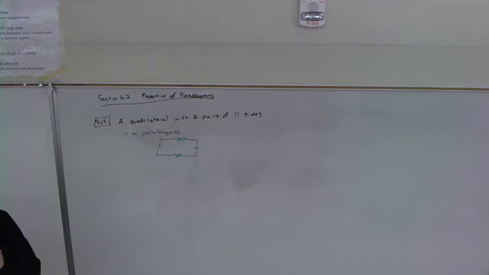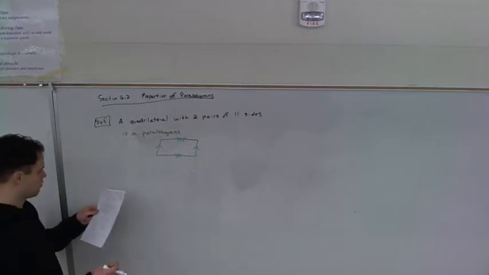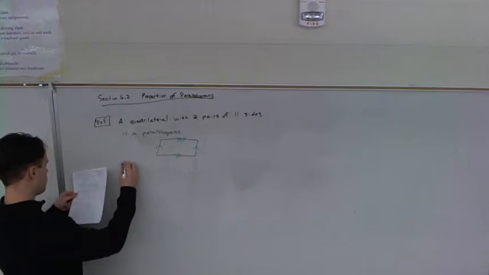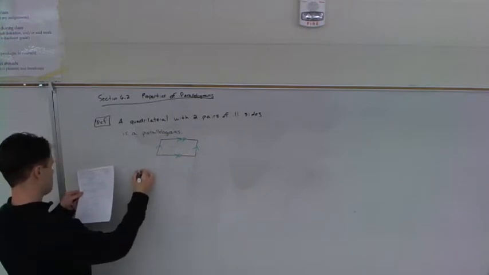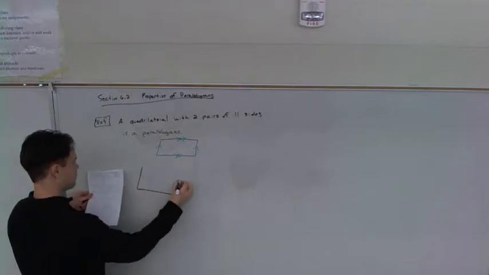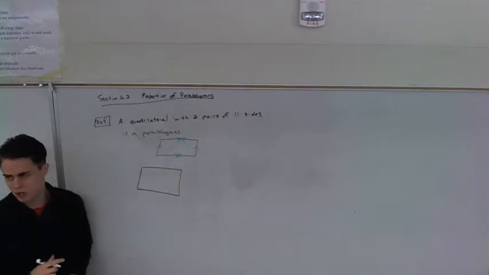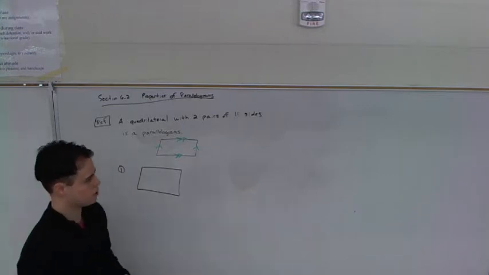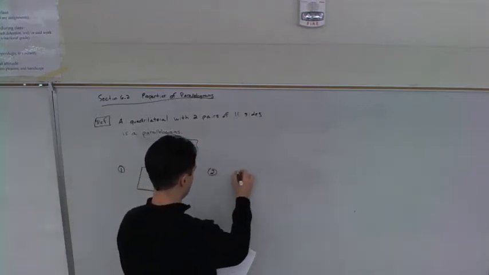Now, once you have a parallelogram, what do you know about it? So that's what we're going to learn in a few theorems, okay? So, I don't even think I'm going to write out these theorems. So if it's a parallelogram, you know some different things. Let's just look at it as pictures.